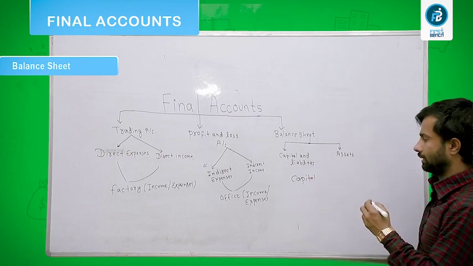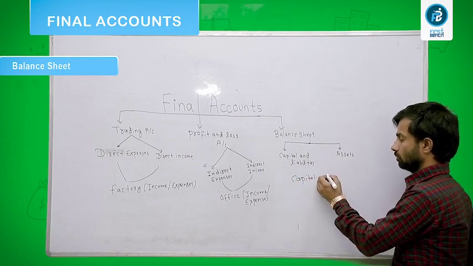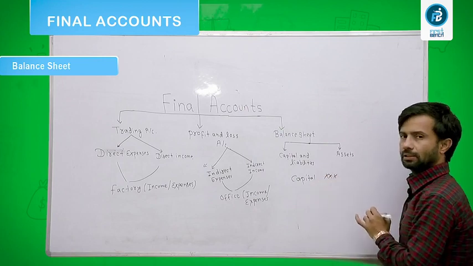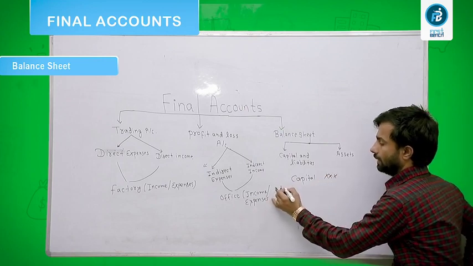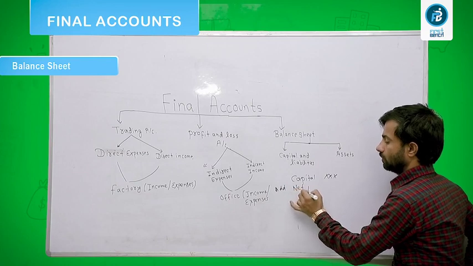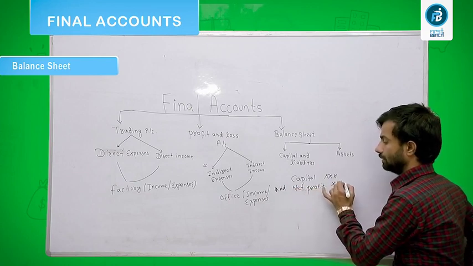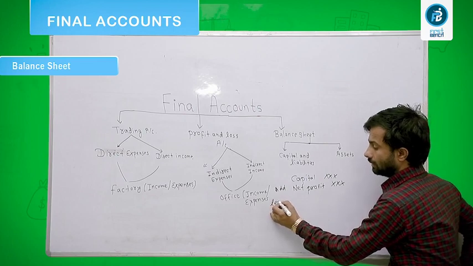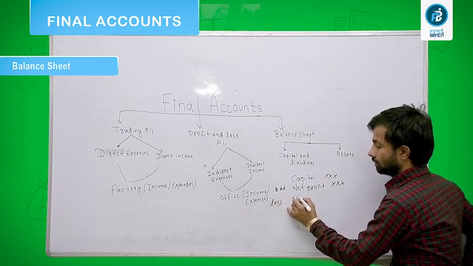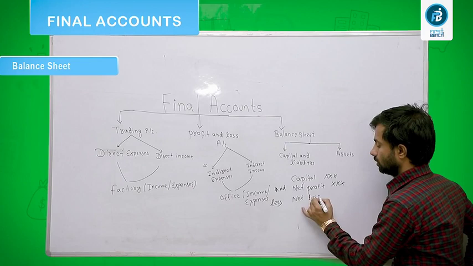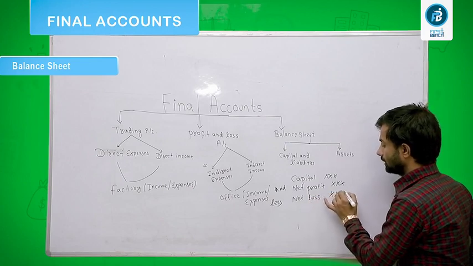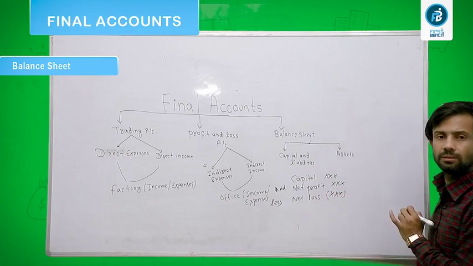Capital. Look here. Capital means this capital, and in capital we have to add net profit. If net profit is there, we add it to the capital. If net loss is there, we have to deduct it from this. This means I'm giving a bracket, meaning I'm subtracting.